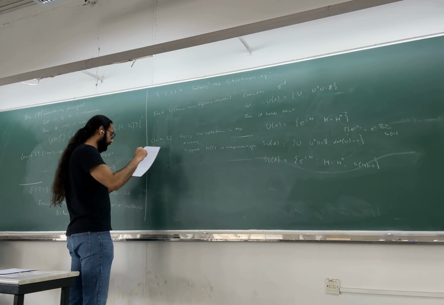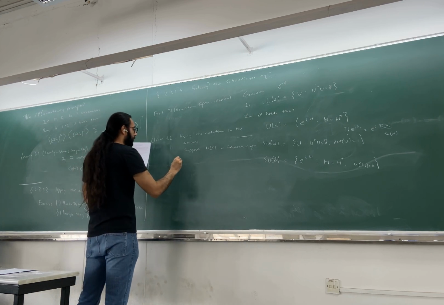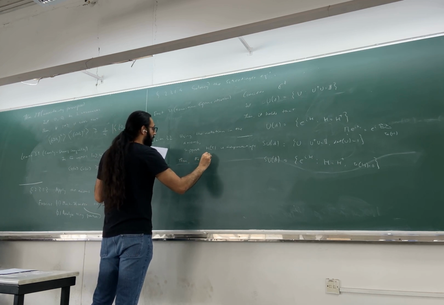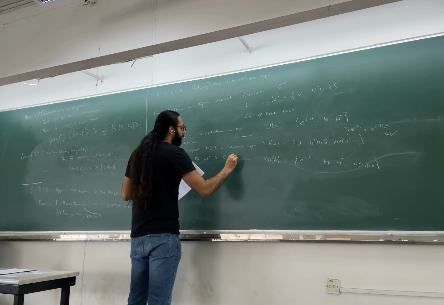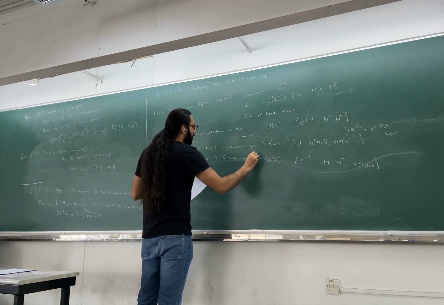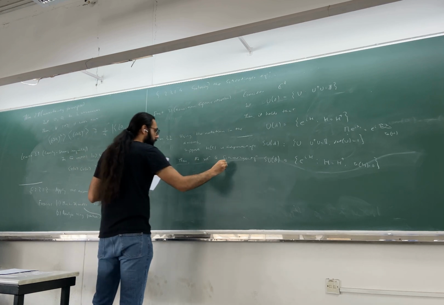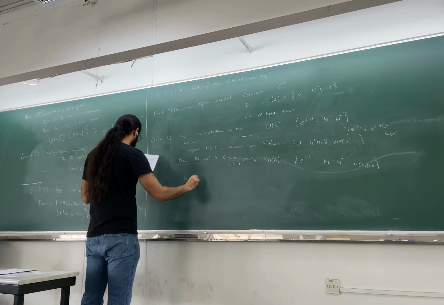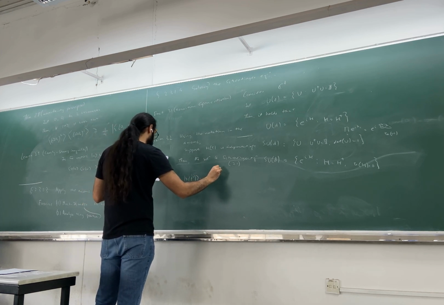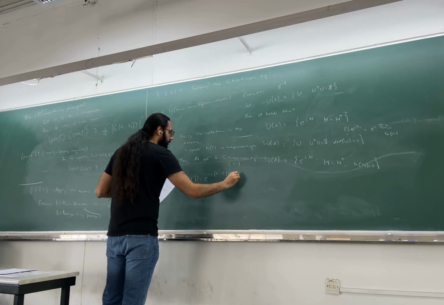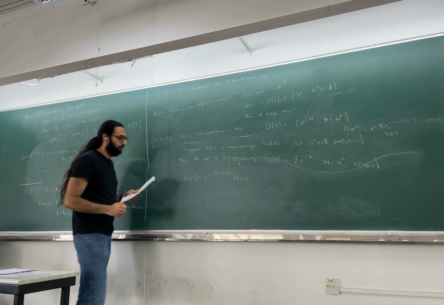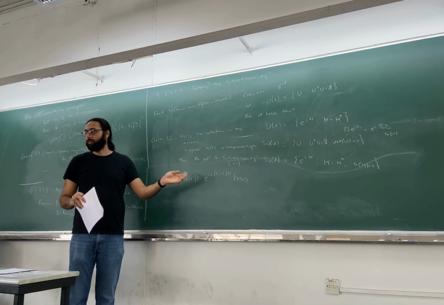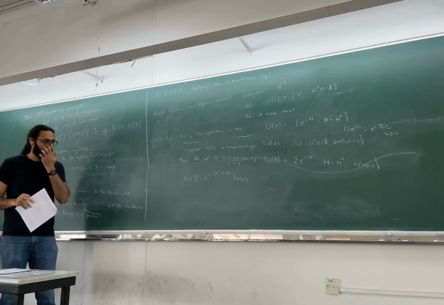Then the solution to the Schrodinger equation, which we had written as equation 2.1, would be the following: psi at t prime is just e^{-i(t' - t)H} acting on psi at time t. And this just follows from the fact that the derivative of the exponential gives you this; it's just elementary.